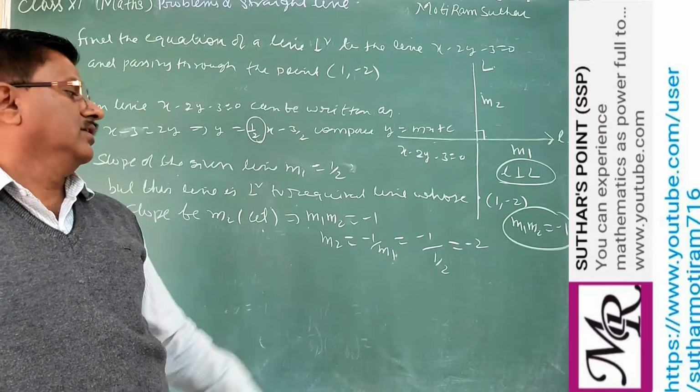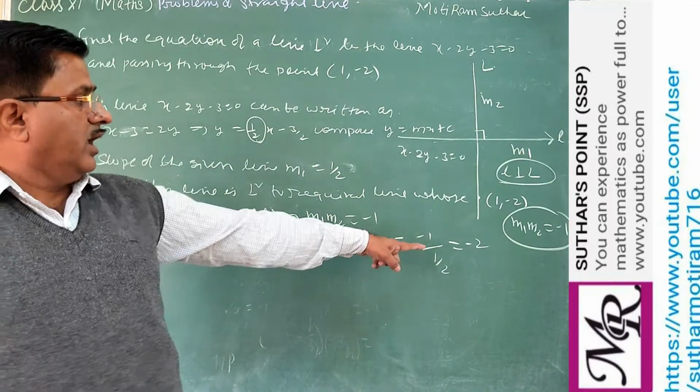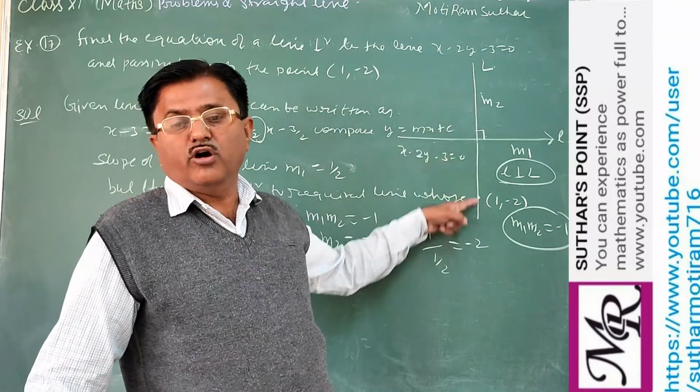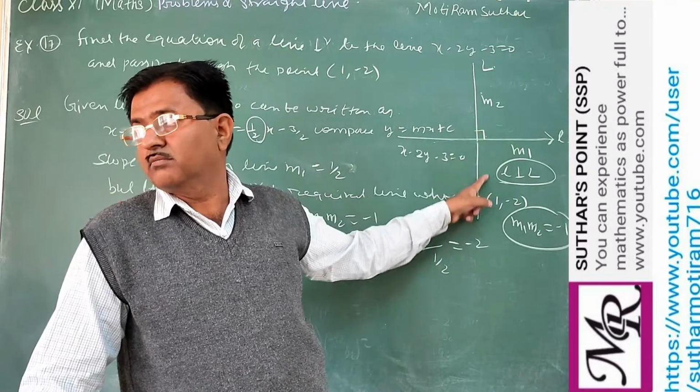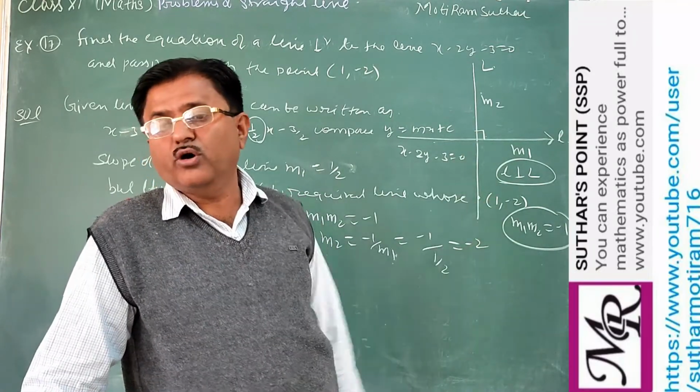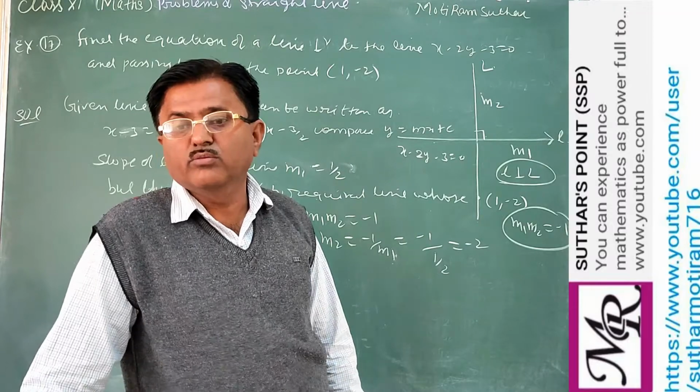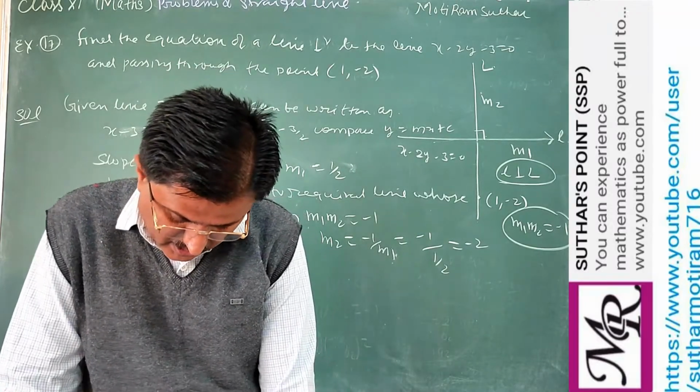Now we need the slope of the required line and a point through which the required line is passing. So using the point slope formula, we can find the equation.